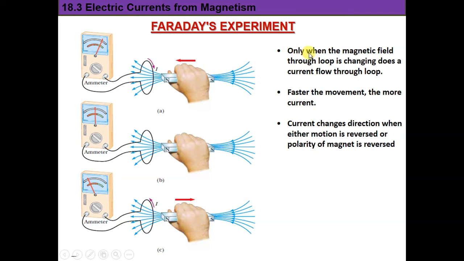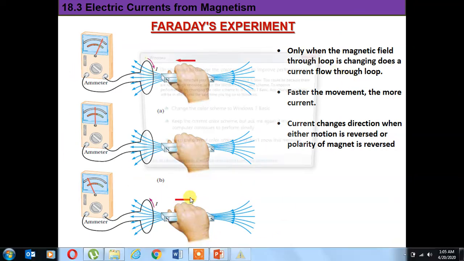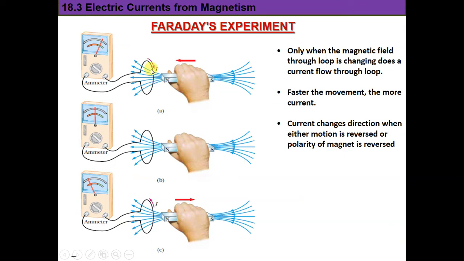Girls, we said only when the magnetic field through the loop is changing does a current flow through the loop. So we can conclude that when the magnetic field around the magnet changes, there is a current.